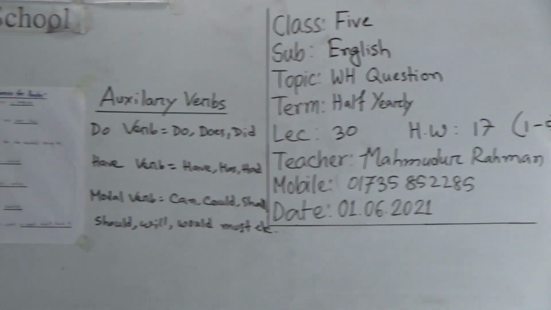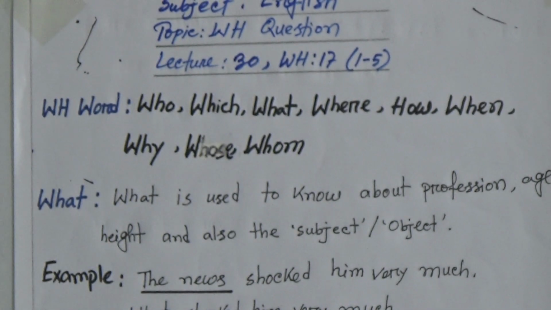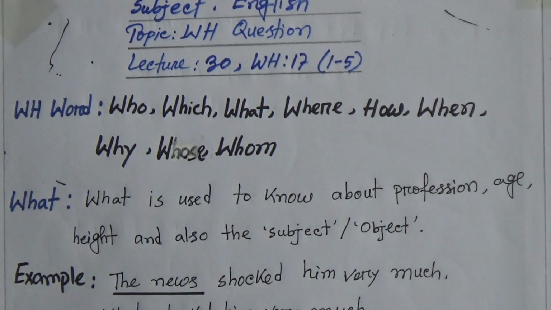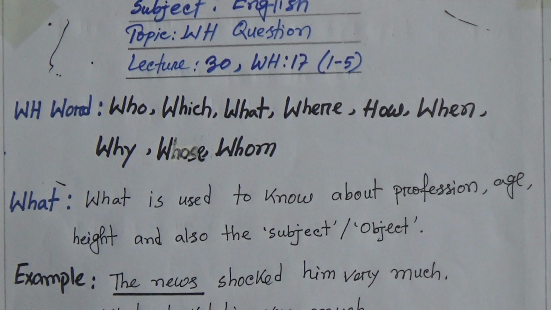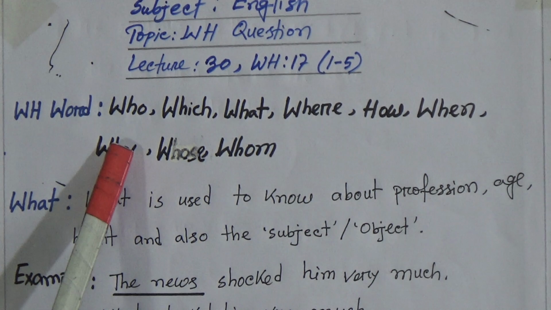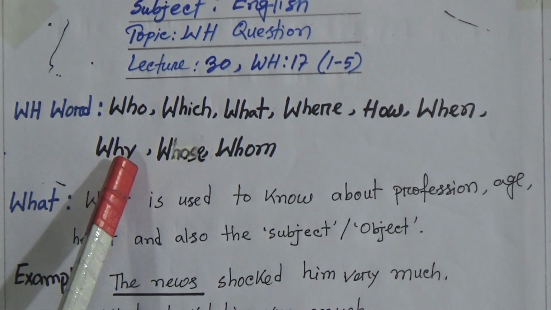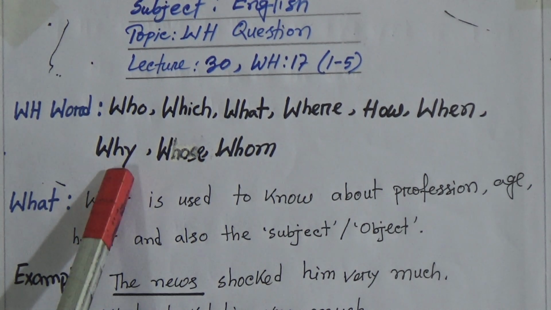Dear students, at first we will know about WH words. There are 9 WH words in English grammar, and these words are called WH words because in each of the words W and H exist. And as we make questions with these words, the questions are called WH questions.